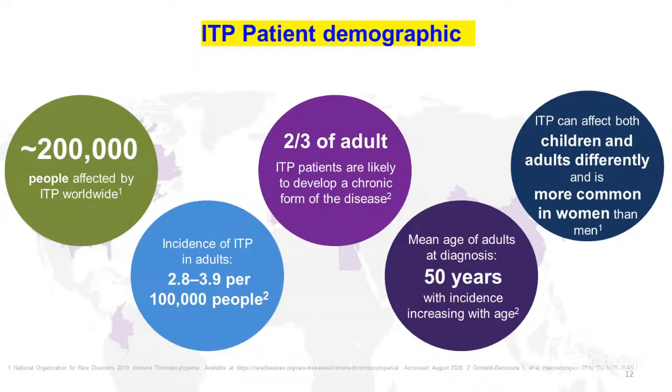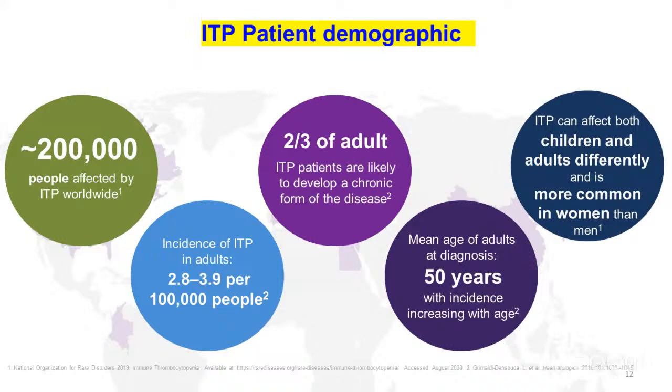ITP, as I have mentioned, is chronic and acute. Two thirds of adult ITPs are likely to develop as secondary. The mean age of adults with chronic ITP is between 35 to 45 years, whereas acute ITP is mostly in children.